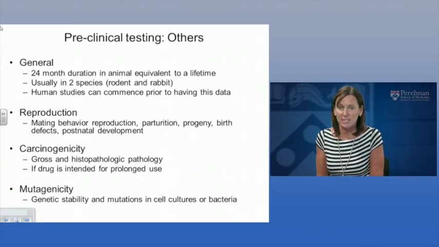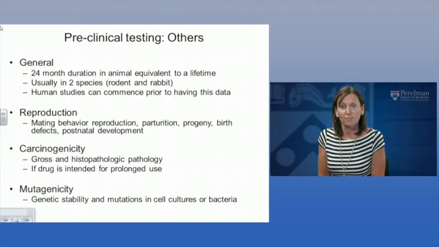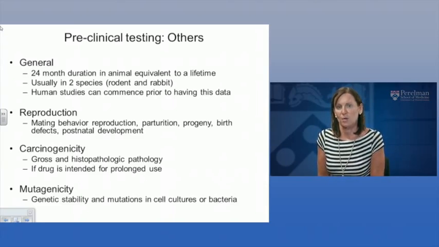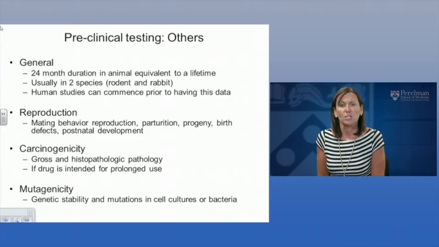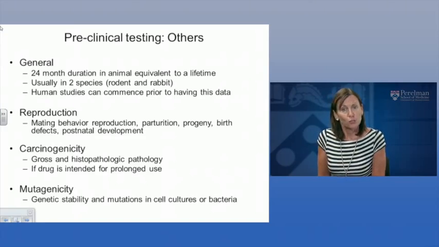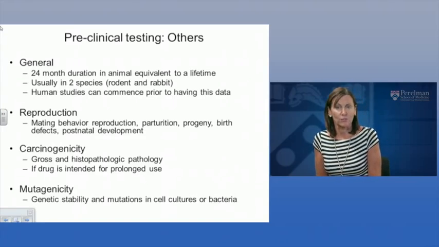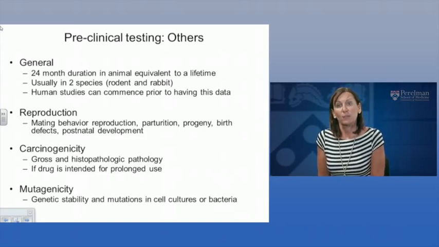So the teratogenicity data is essentially the data that affects reproduction. And the sorts of questions that we're interested in here is, does the drug alter mating behavior? Does it alter reproduction potential? Does it affect parturition, which is delivery of the offspring? Does it affect progeny?